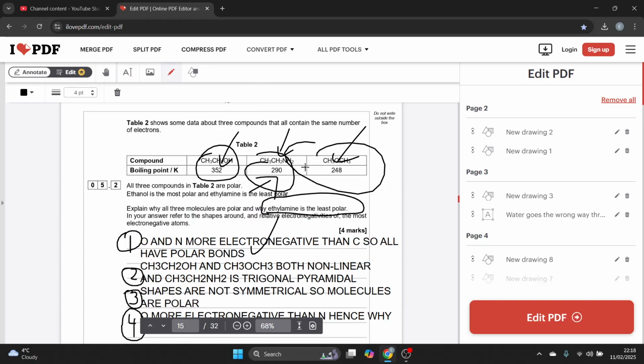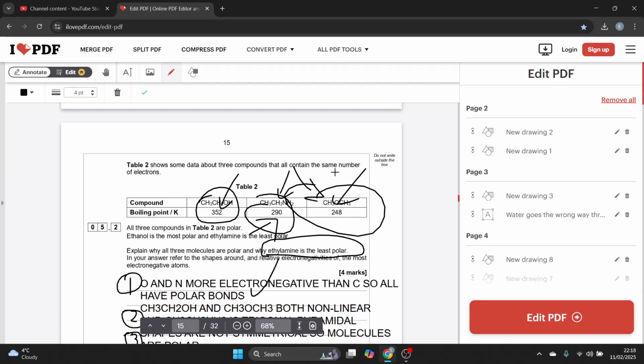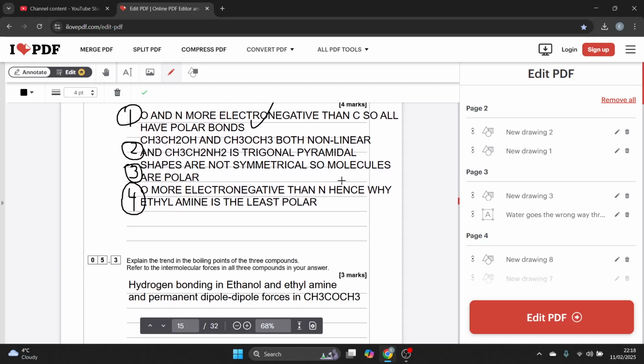This doesn't have hydrogen bonding, because for hydrogen bonding to happen, an NOF atom has to be bonded to a hydrogen. But if you draw this out, it's CH3, C double bond O, CH3. So the oxygen is bonded to a carbon as a ketone, so it's not going to have hydrogen bonding.